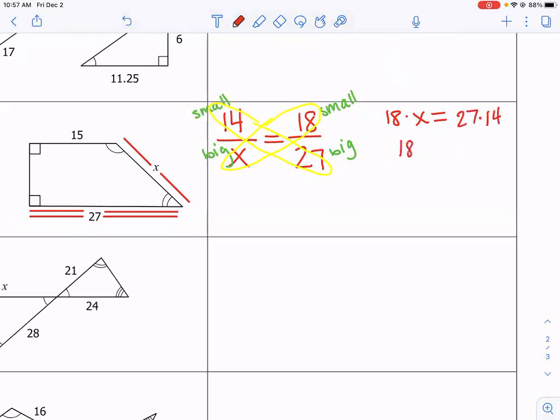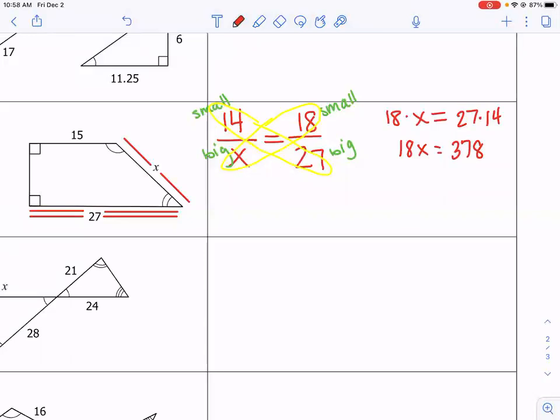Did somebody double check that? 27 times 14. The calculator's fine. What is 378? That's what I said. Figure that out.